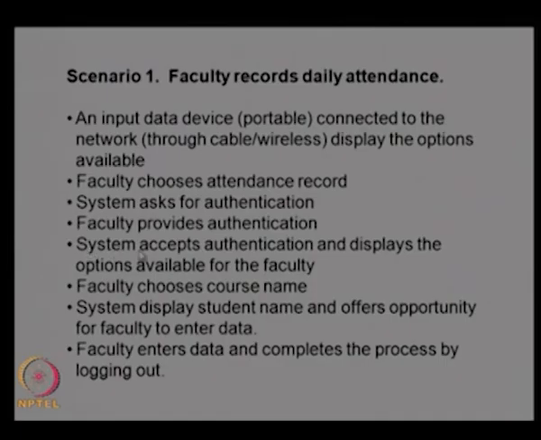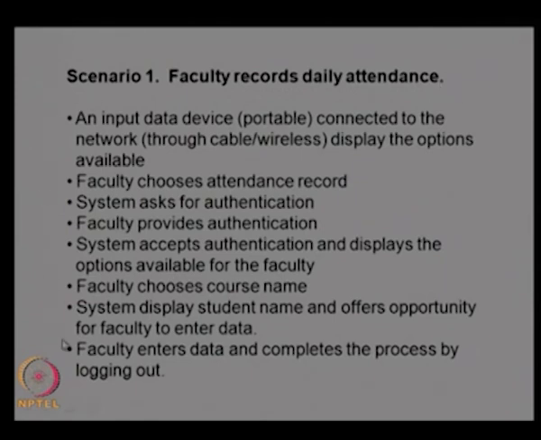And then the system accepts authentication and displays the options available for the faculty. Faculty chooses the course name, then the system displays student names and offers the opportunity for faculty to enter data, and then faculty enters data and completes the process by logging out. So this is one scenario where faculty records daily attendance.